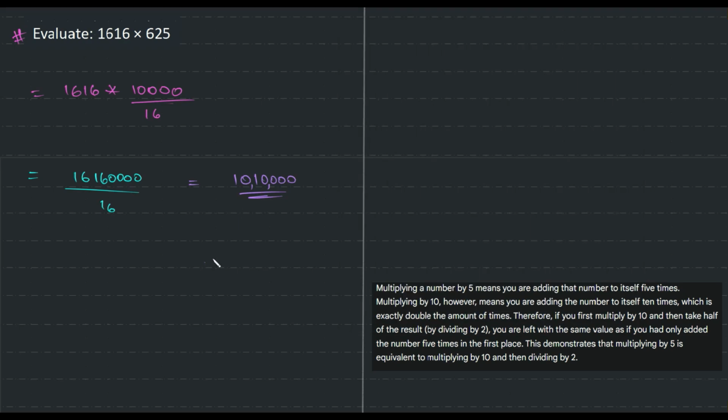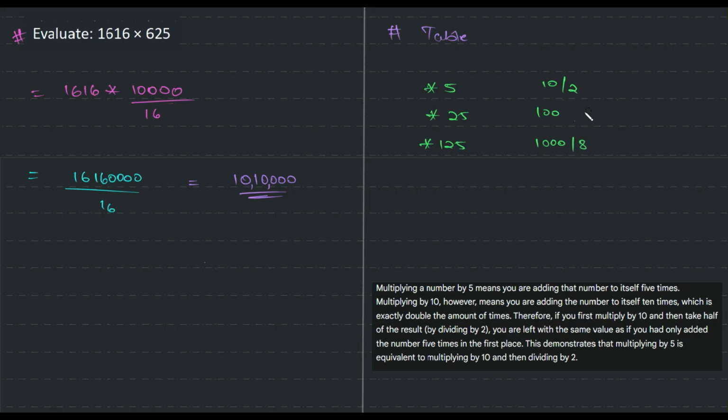Basically, I'll give you guys this table. Whenever you get anything multiplying with 5, write it as 10 by 2. Anything with 25, it will be 100 by 4. Anything with 125, it will be 1000 by 8.